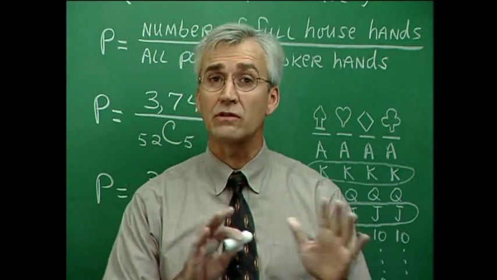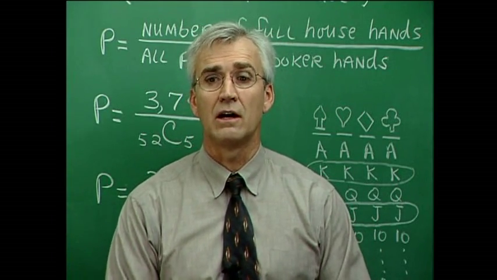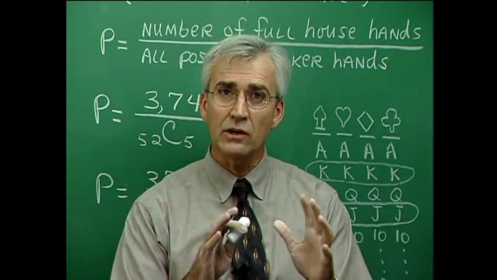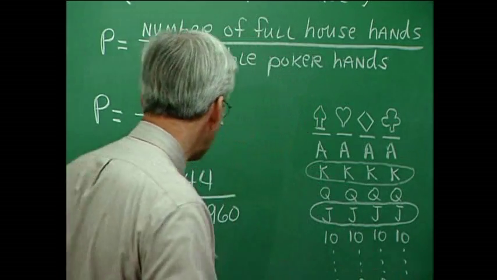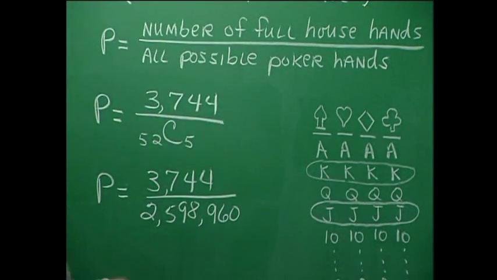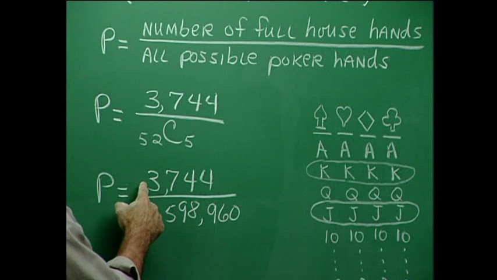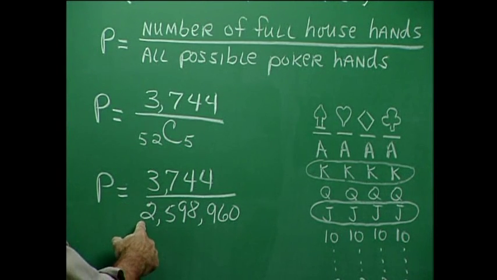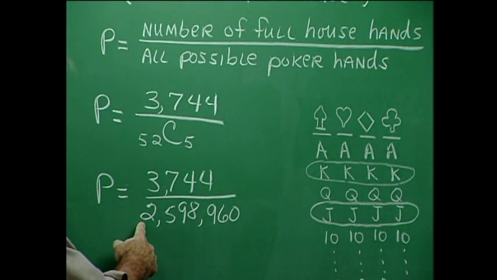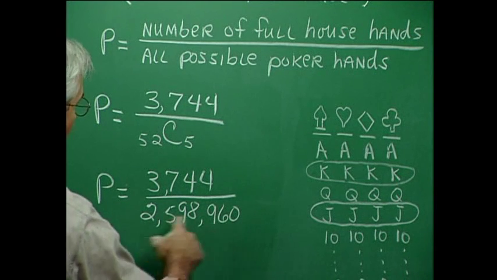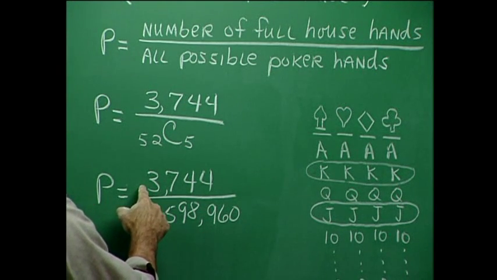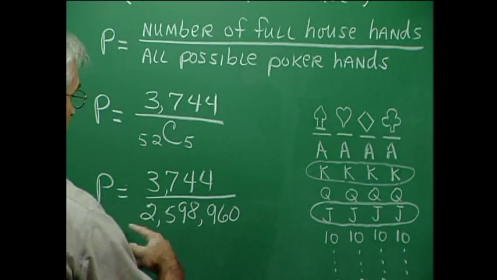Well, we can turn this fraction into such a thing. We can kind of force it into that situation. If we just take the numerator and divide by 3,744 and take the denominator and also divide by 3,744. Now, it may not go evenly into the denominator.